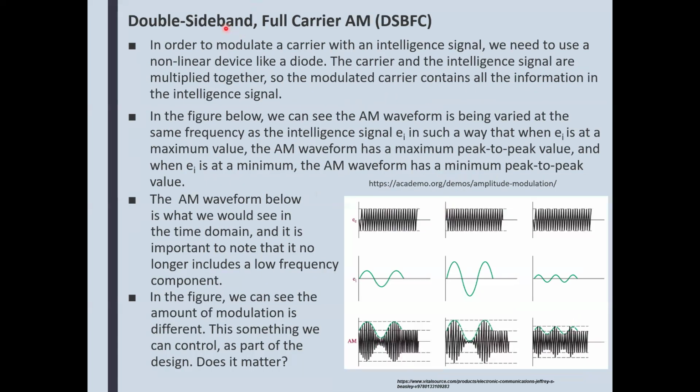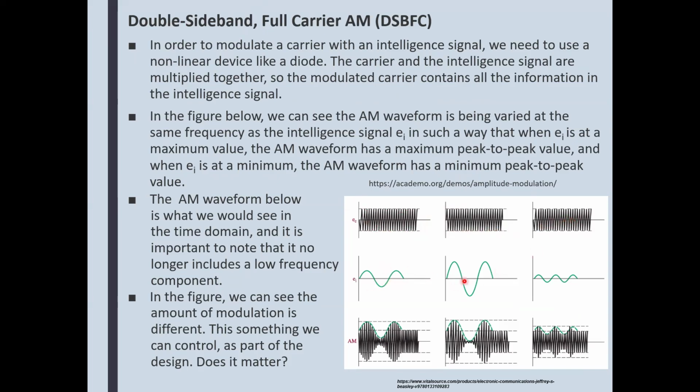Double sideband. All right, remember when we were talking about the result, what's happening when we combine or mix two frequencies? We have the carrier, and the carrier is of the same amplitude, that doesn't change.